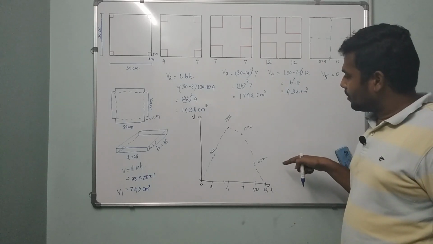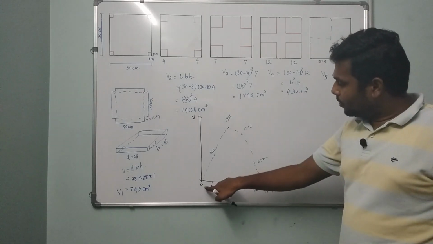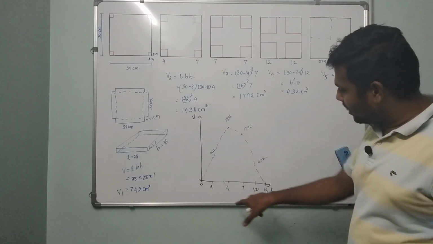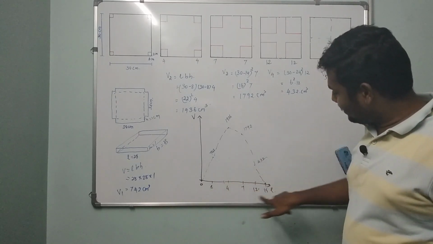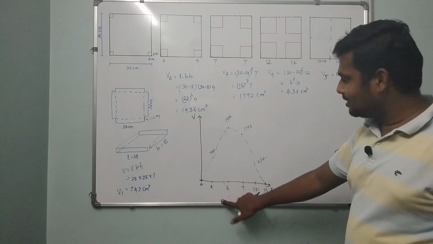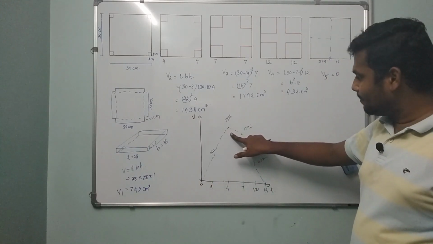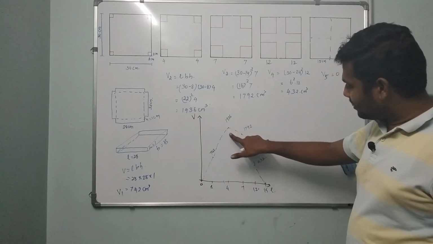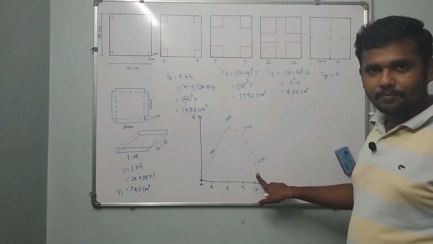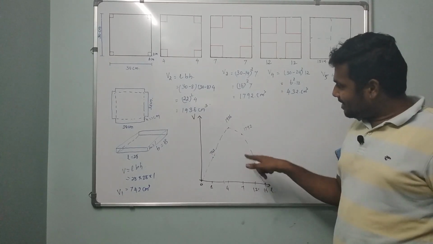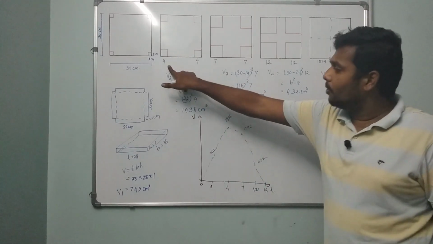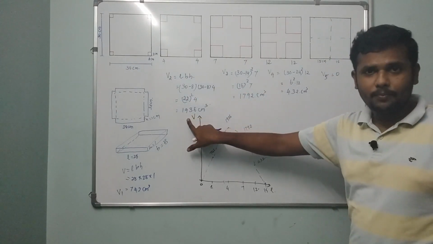But if you see the graph, as the length increases, the volume also keeps on increasing till the point 4, and after that it keeps on decreasing. So can we say that by cutting the 4 only we are getting a maximum volume?